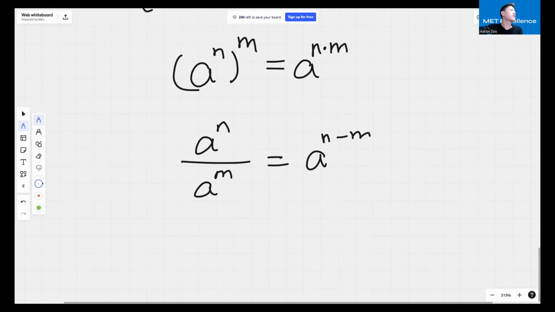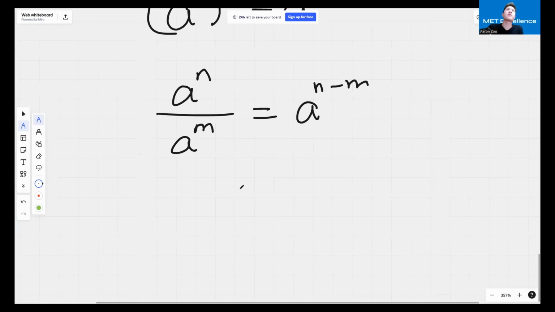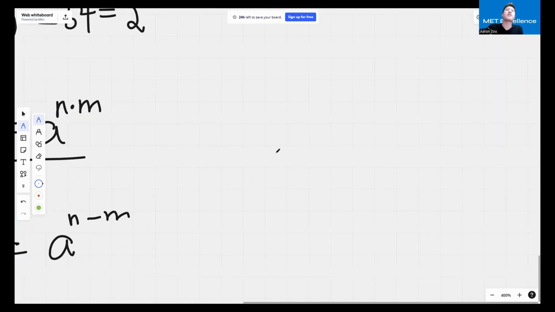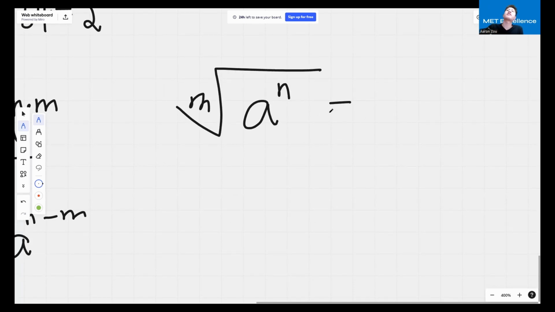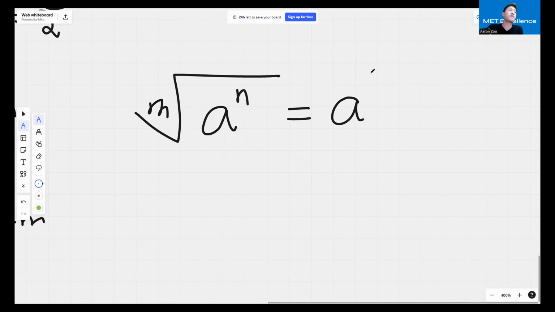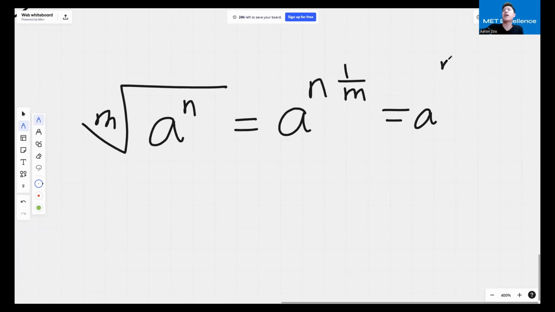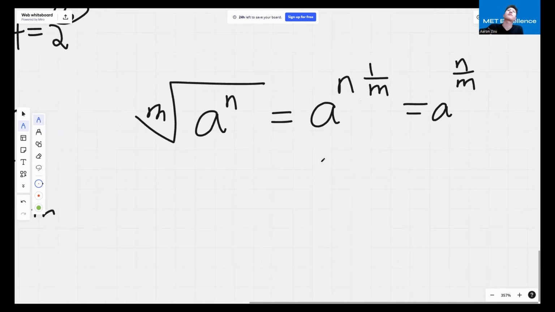And let's go over one more rule, which comes from this one. And that's if we have the mth root of a to the n, this is just a to the n times 1 over m, which is a to the n over m. And that's because when we're using this notation here, like this kind of square root looking thing with the small m right here, that's called radical notation.